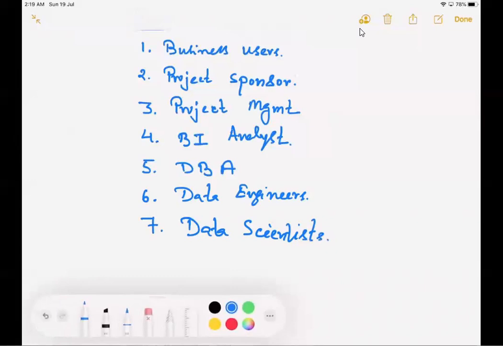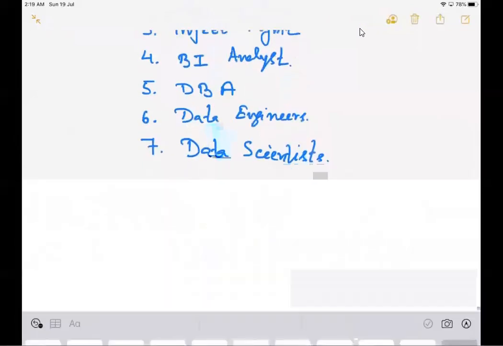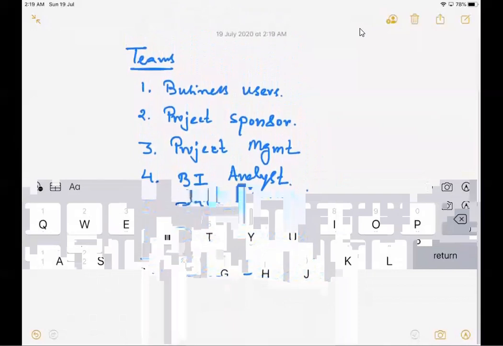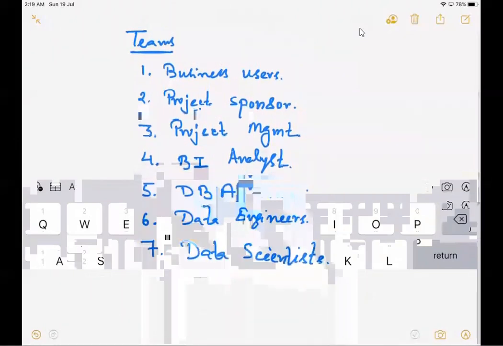Now let us understand what all the functionalities are and what exactly they will be performing, or what is the task they are supposed to perform, or what are the key skill sets they should be having. Now the business users are basically the people who understand the domain of the business.